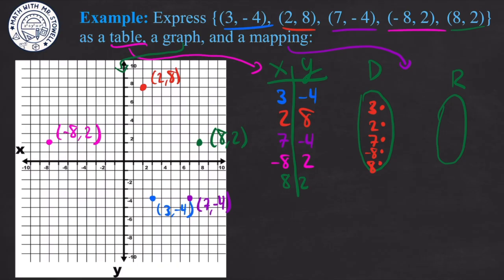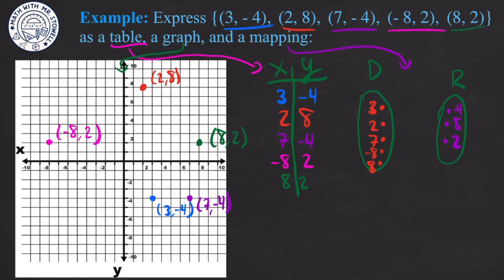That's our x values. For our y values, we have negative 4. We have 8. We have another negative 4, so we don't have to write that down again. We have a 2. And we have another 2. So we only have to worry about writing down negative 4, 8, and 2. We don't have to write them down more than once.